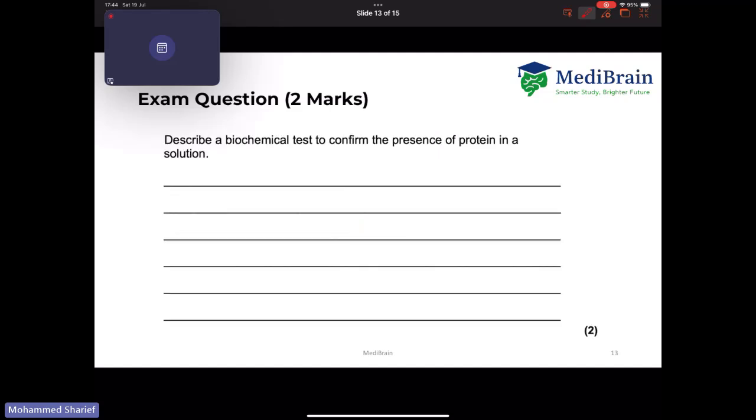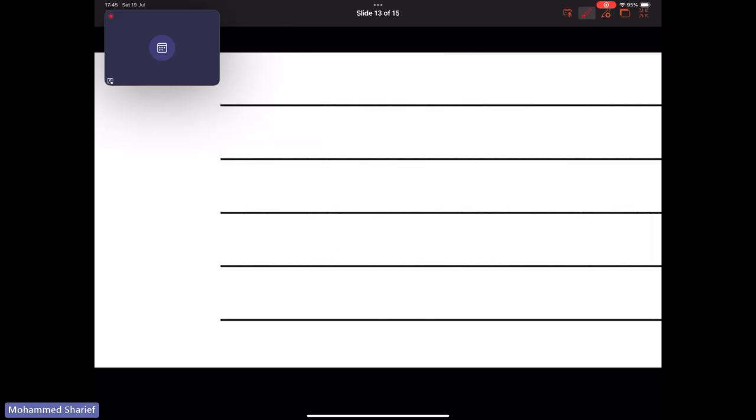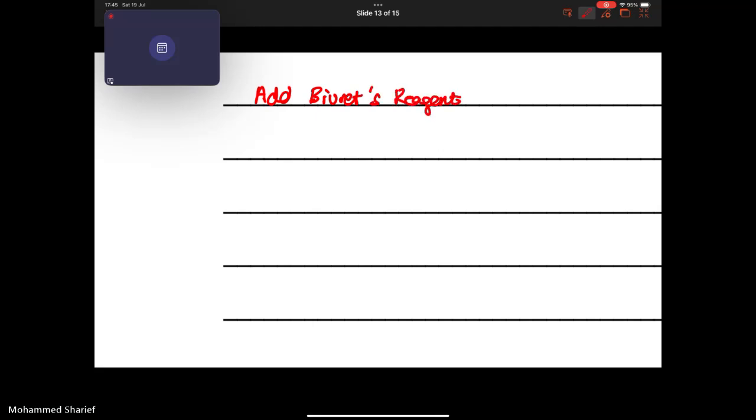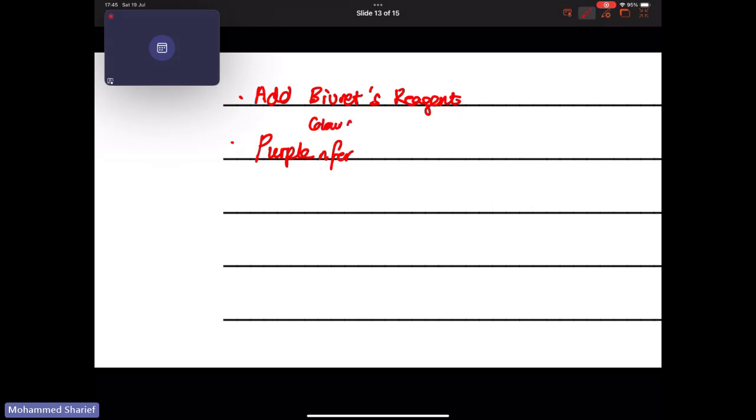Final question: describe a biochemical test to confirm the presence of protein in a solution. Again, this is something you could bring from GCSE, and we've covered it in today's lesson. You have to add biuret reagent, and then for a positive result, 1 mark for the purple color change.